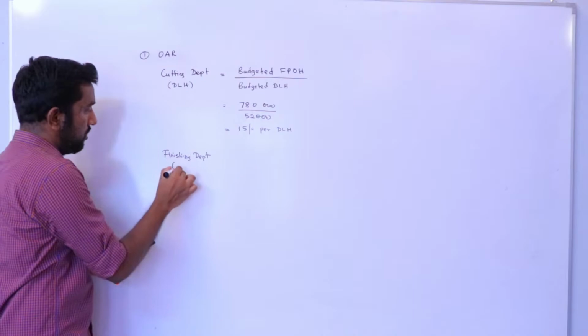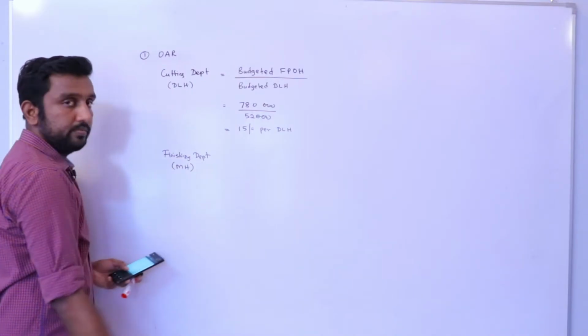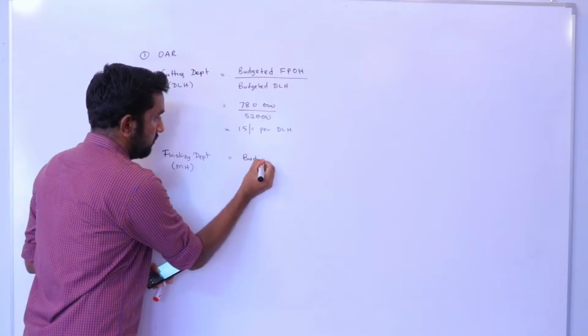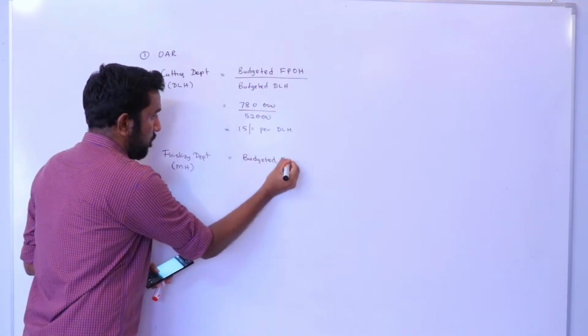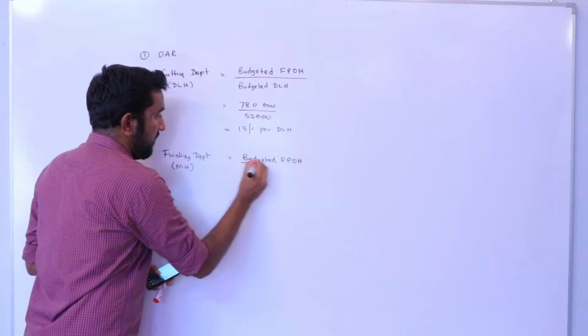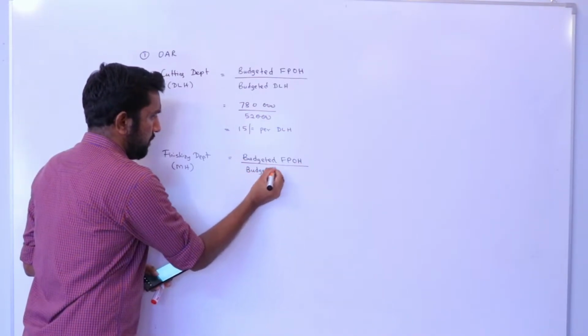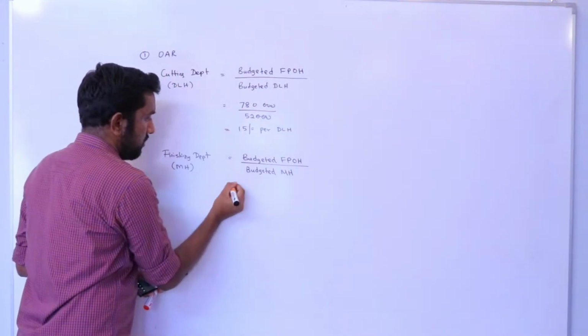Then second department, which is the finishing department, that is based on machine hours. So what is the equation? Budgeted FPOH divided by budgeted machine hours.